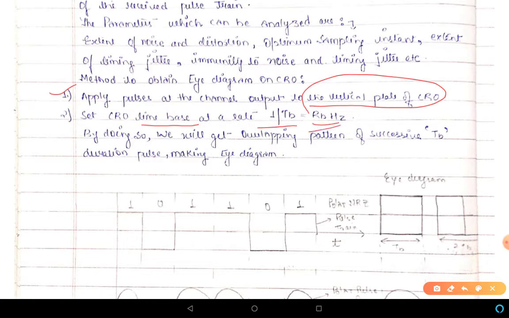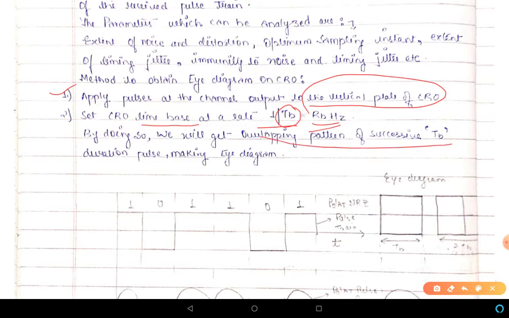What is the meaning of this? We are basically adjusting the sweep in such a manner that the pulses every TB duration will overlap. So we will get an overlapping pattern of successive TB pulses.